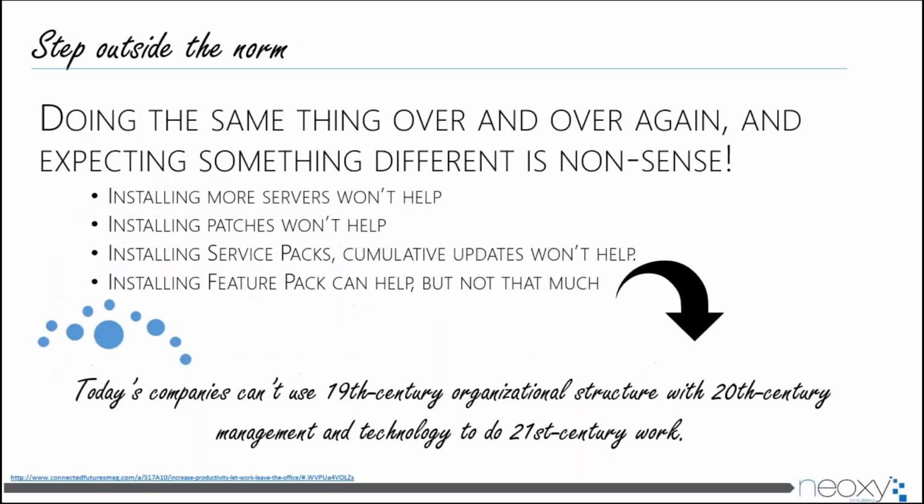So the conclusion of all of this is doing the same over and over again and expecting something different is nonsense. From an on-premises era, you may build the perfect SharePoint environment. You may build a great digital workplace with Yammer web parts, with anything on premises.